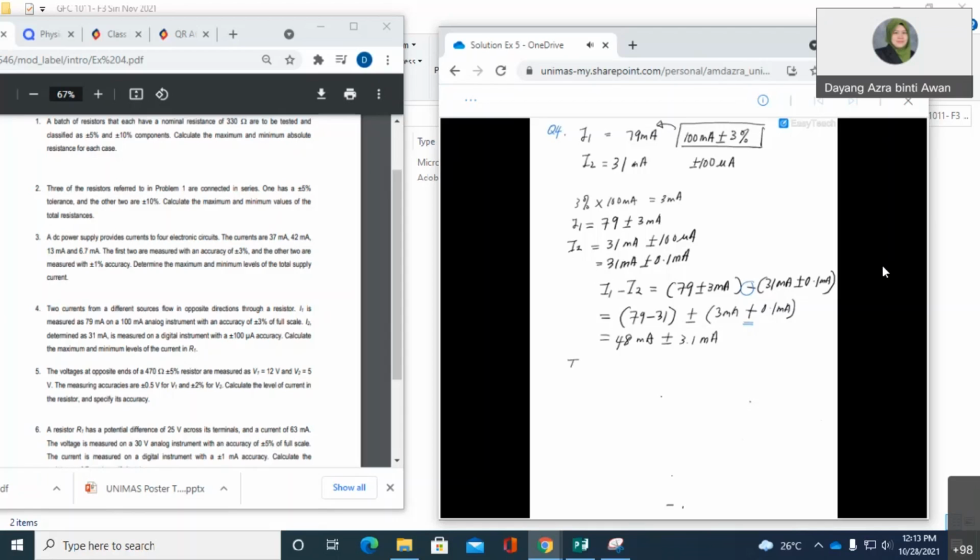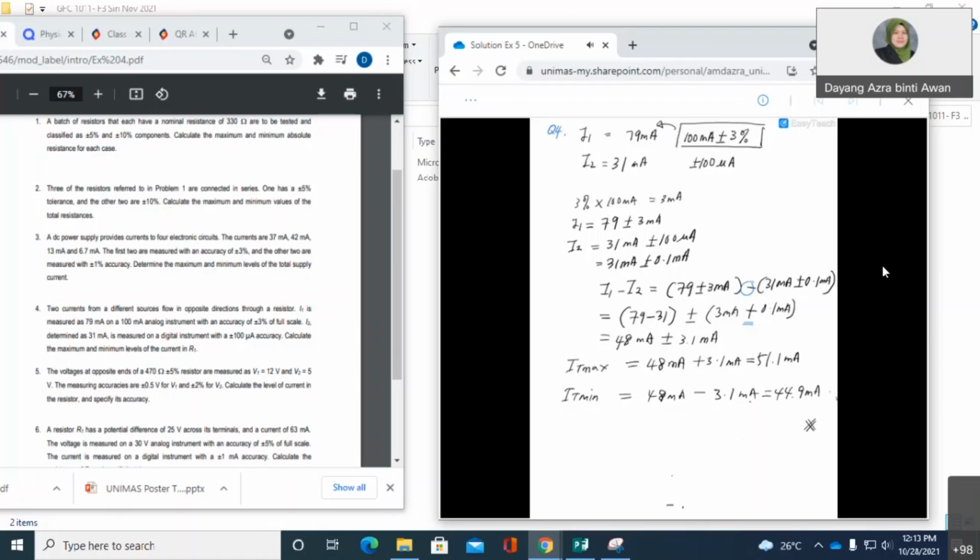So find the maximum current: 48 milliamp plus 3.1 milliamp, so we have 51.1 milliamp, and the minimum we have 48 milliamp minus 3.1 milliamp, so we have around 44.9 milliamp.